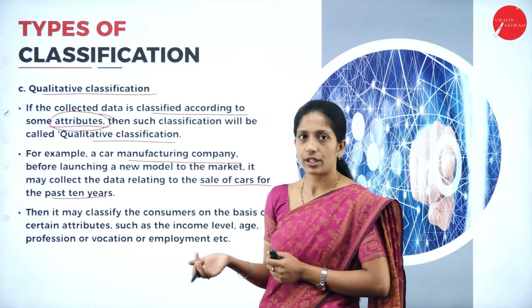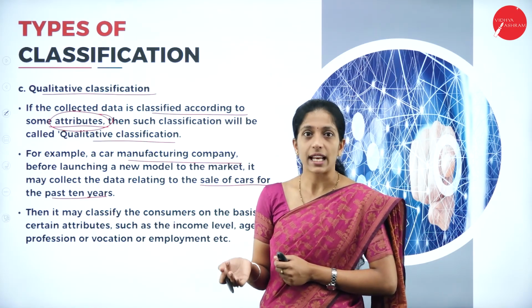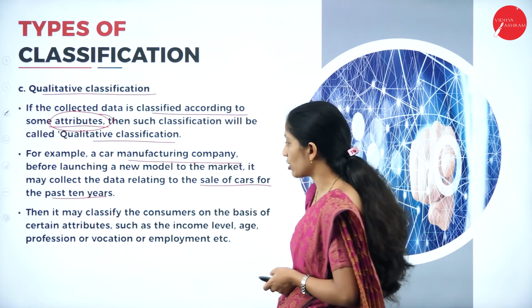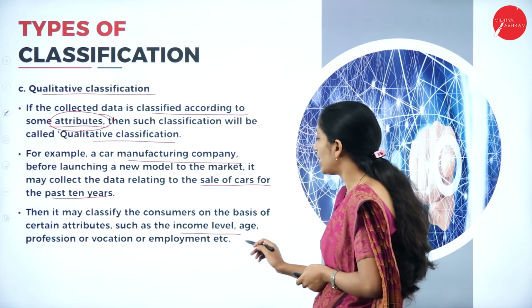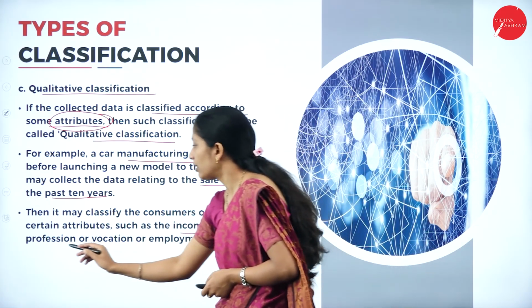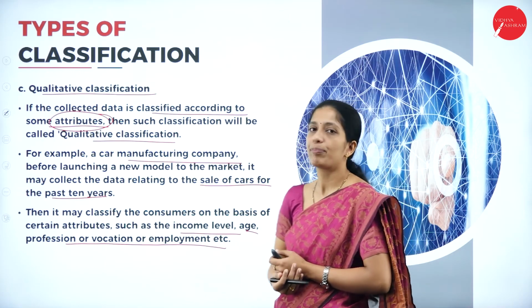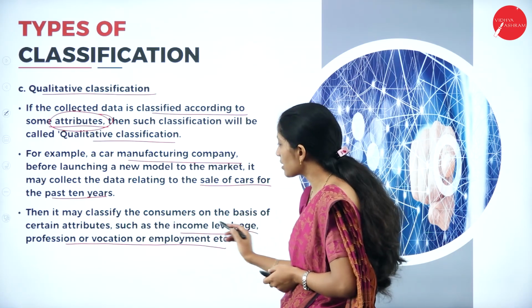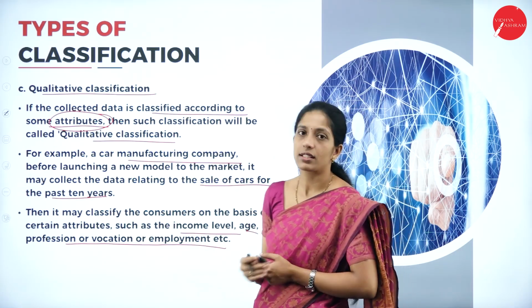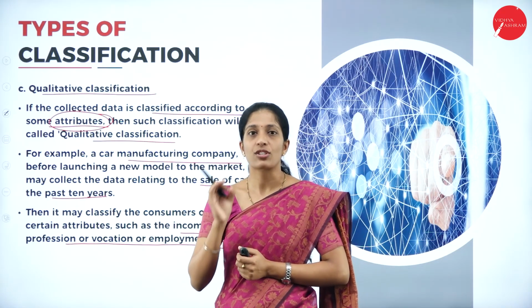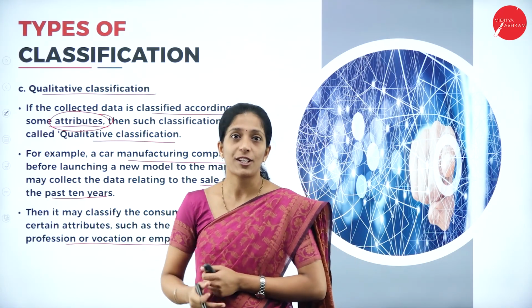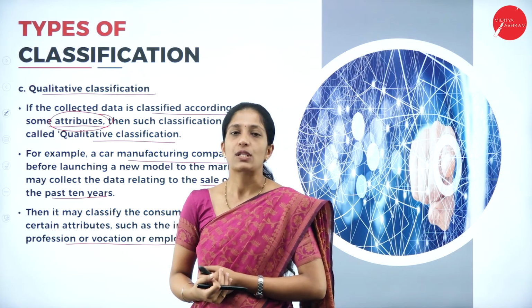Let us see how they are going to collect. Here they have taken the attributes of certain consumers based on their income level, age, profession or occupation, employment, etc. Now these are all known as what? Qualitative information.